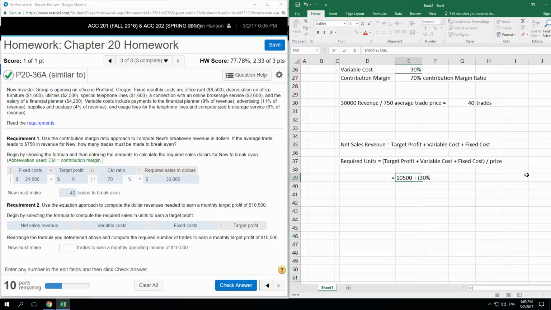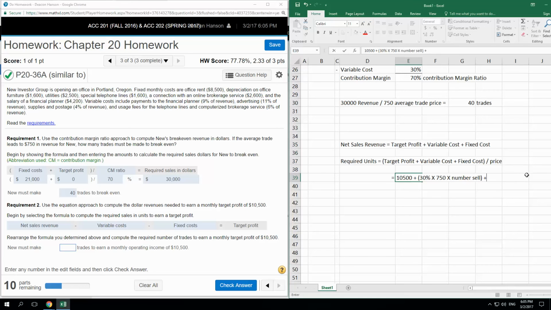So you end up having to multiply that by the price, times the number of units that you sell, so times 750.